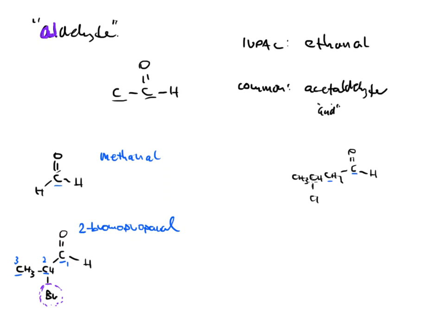And a 1, and a 2, and a 3, and a 4. 4 is the longest carbon chain. On carbon number 3, I have a chloro group. And this is a 4-carbon chain, which is a butane. Drop the E, add AL. There you go, 3-chlorobutanal.